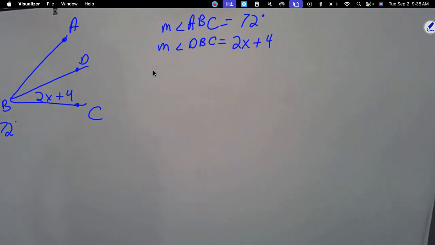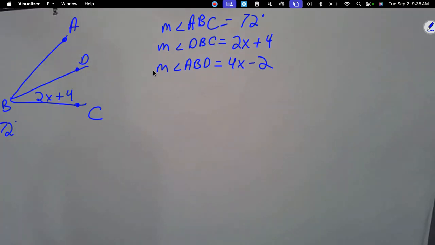The measure of angle ABD is 4x minus 2. Sorry, I'm making this up and I'm trying to get it to work.